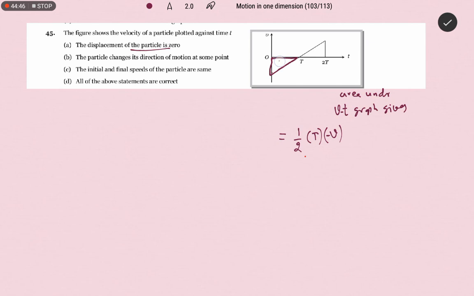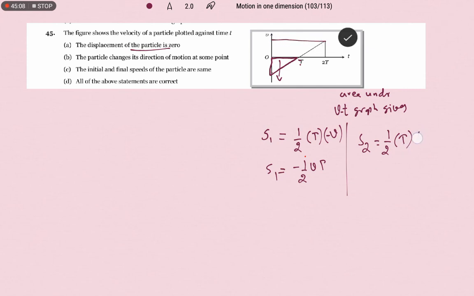So S1 is equals to minus half vt. Let us take S2: half into base, 2t minus t will be t, and the velocity here is positive v. Therefore S2 is equals to half vt.